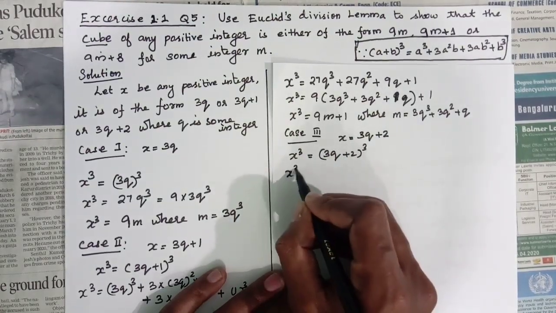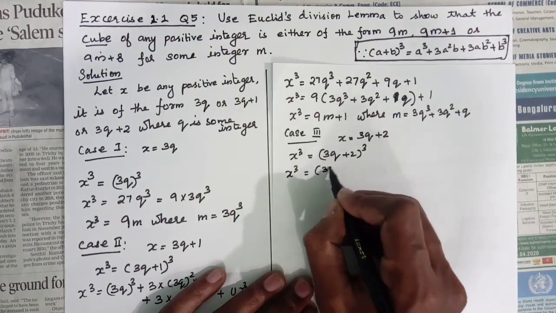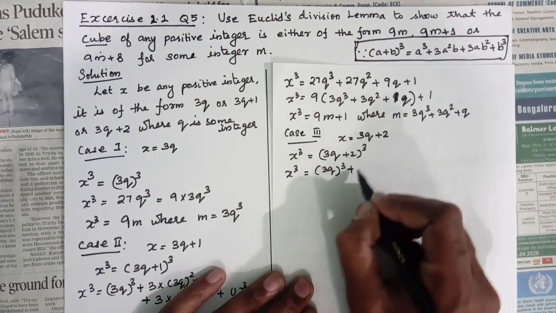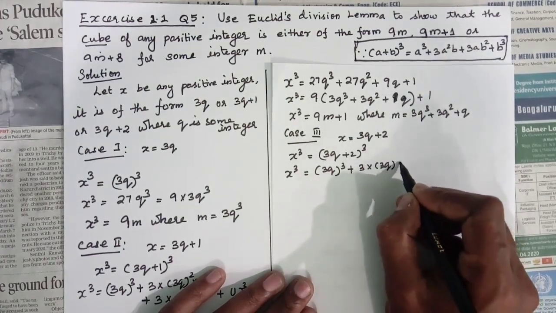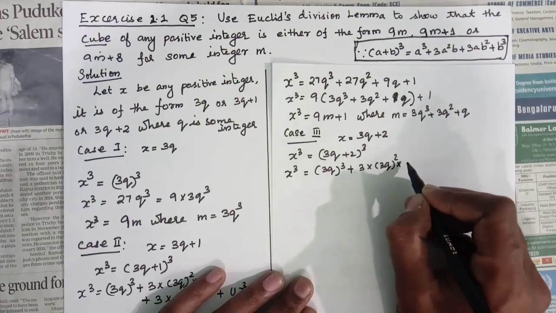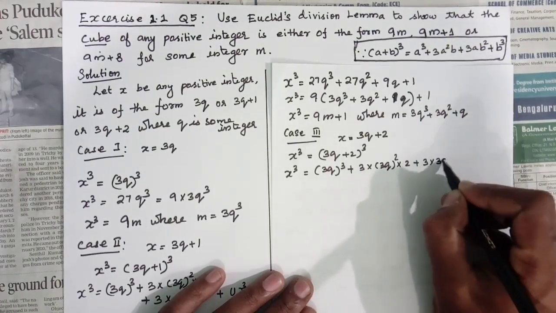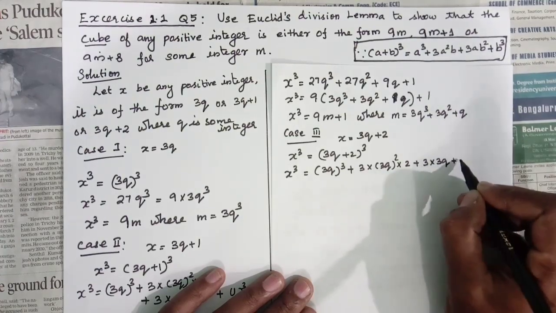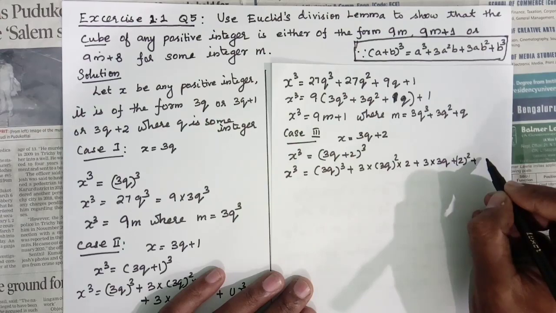Again we can expand using the a plus b whole cube formula, that is 3q whole cube plus 3 into 3q whole square into 2 plus 3 into 3q into 2 square plus 2 cube.